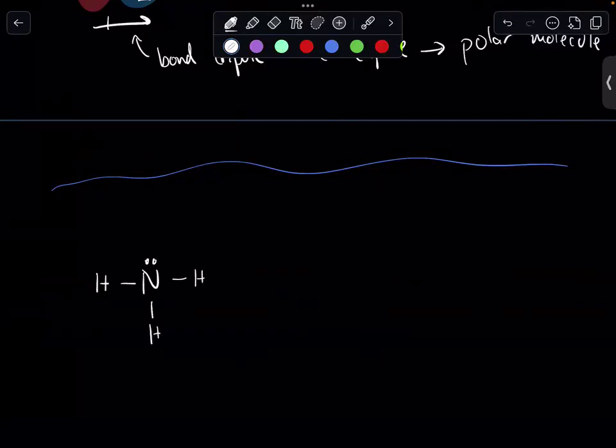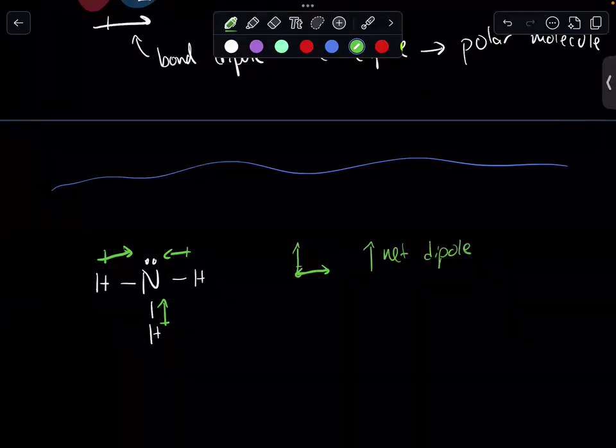NH3 has three dipoles that we can tell: positive to negative, positive to negative, positive to negative, and these are all the same. If you were to superimpose these, you get forward, back, and then up, giving us a net dipole of up, pointing towards our bonds. So we would say this is polar.